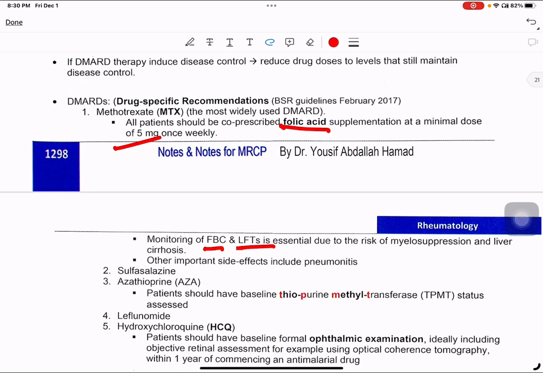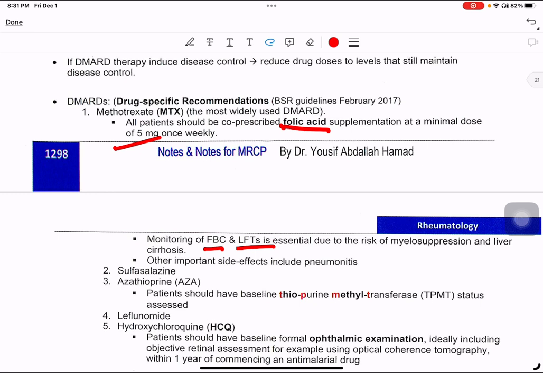Methotrexate can cause pneumonitis. If any patient develops pneumonitis, abnormal liver function, or bone marrow suppression, the methotrexate should be stopped or held.